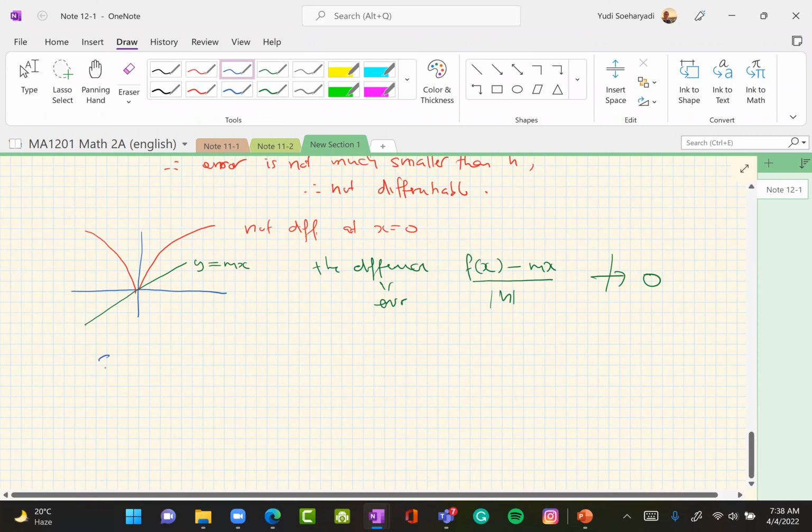There are no divisions involved in the definition, so we can adapt it for two variables. So how do we adapt this?